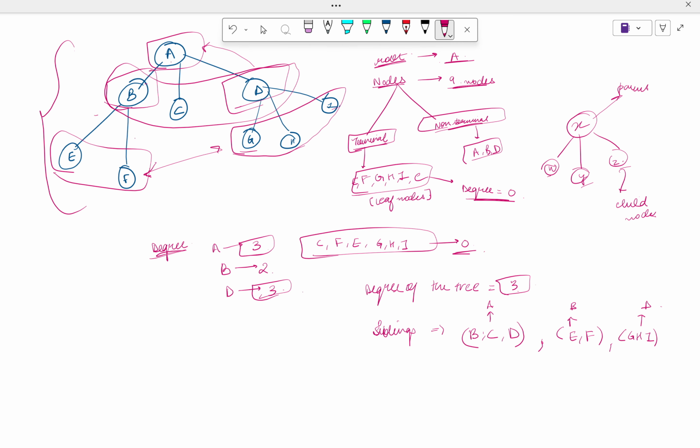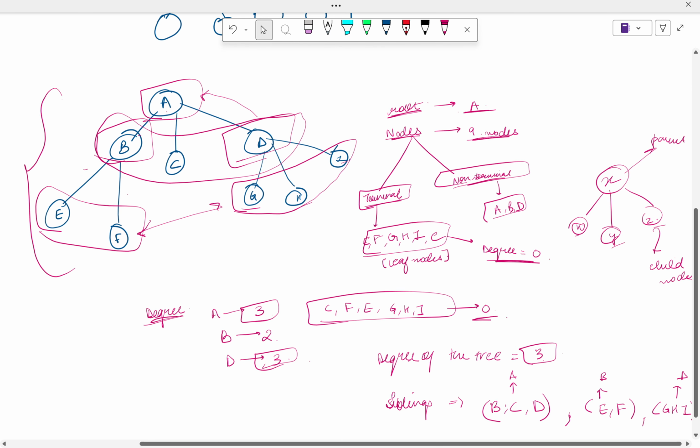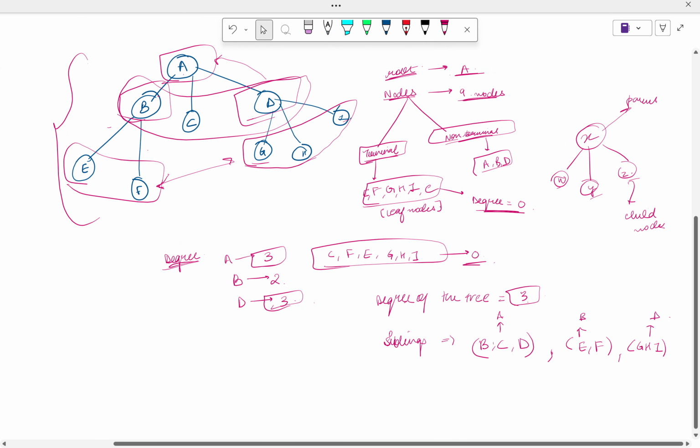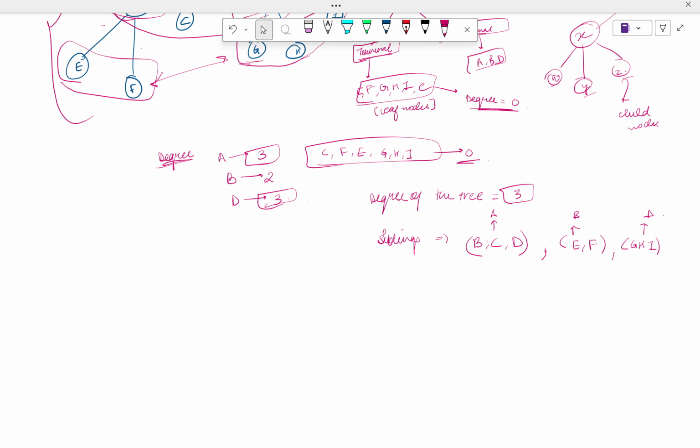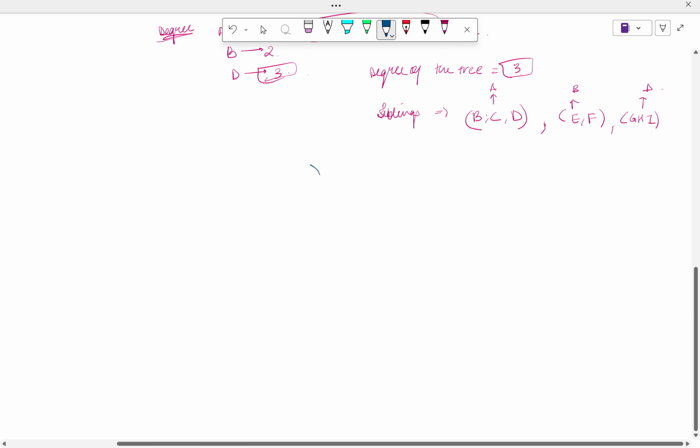Let's start from the topmost level. As we can see, A is on level 0, B, C, D are on level 1, and E, F, G, H, I are on level 2. Let's take a fresh look at this.